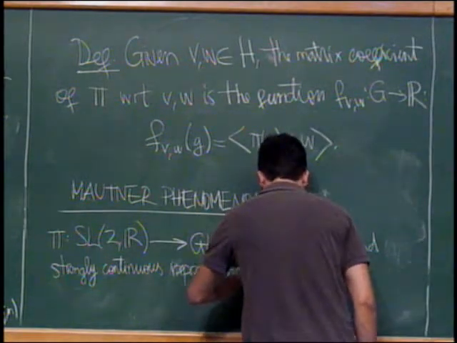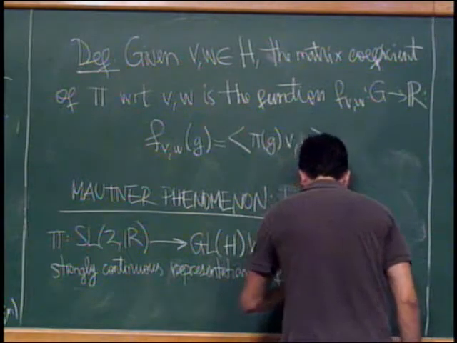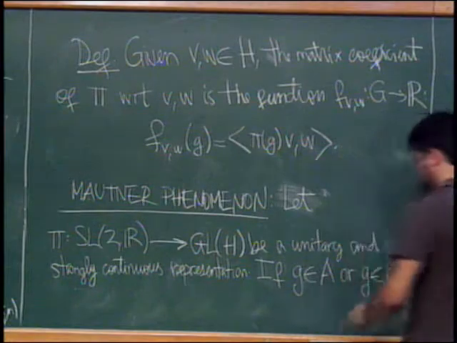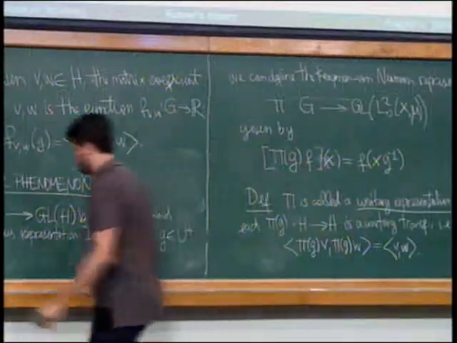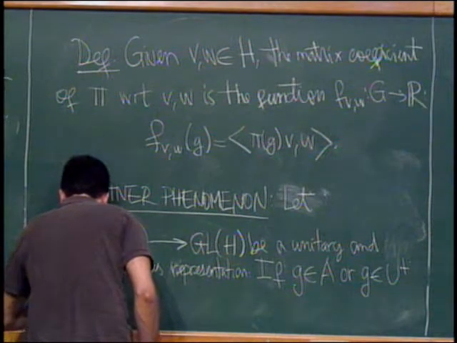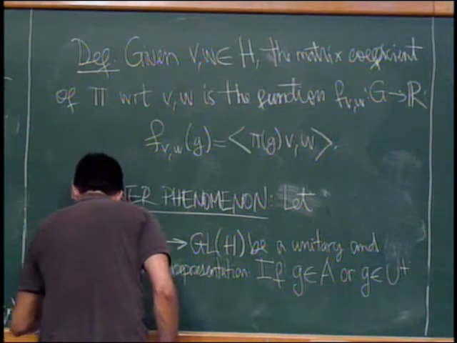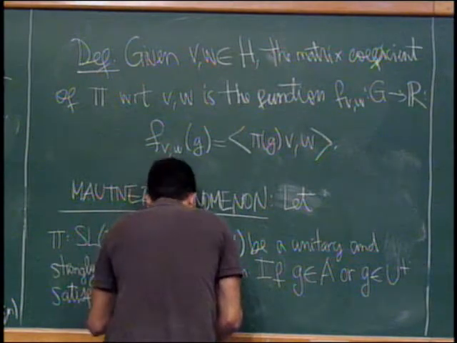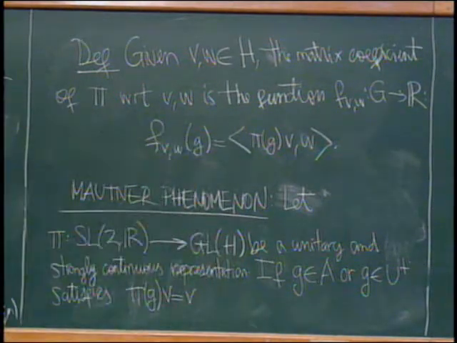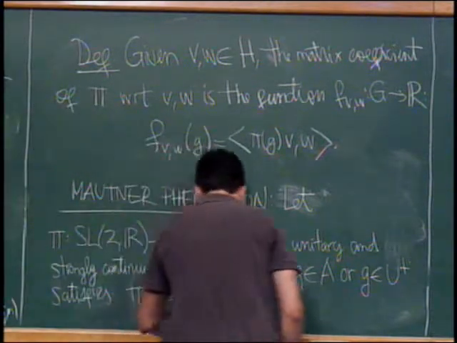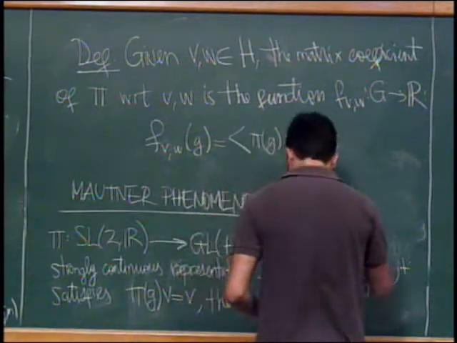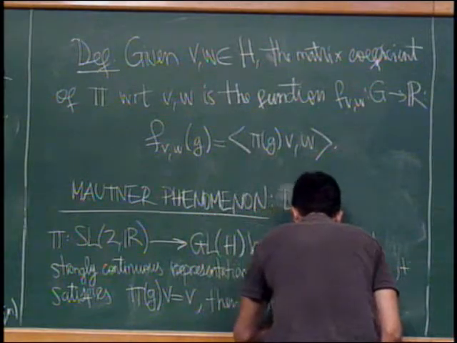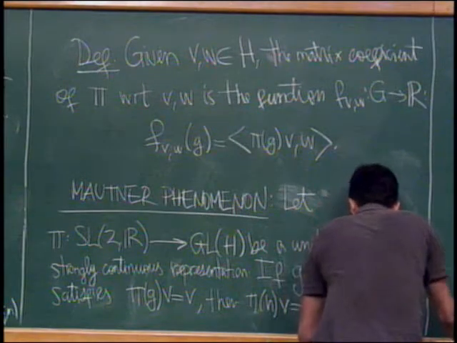So the assumption is that if you get some element of A or some element of U plus that fixes any vector, then actually this vector is fixed by every element of the group SL2(R). Then pi of h of v is equal to v for every h in SL2(R).